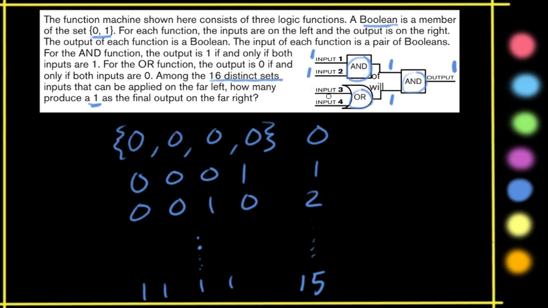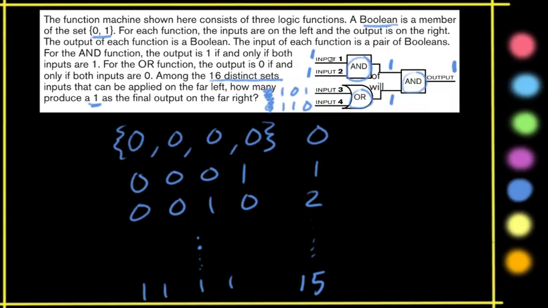So with input 3 and 4, you could have a 0 and a 1, or you could have a 1 and a 0, or you could have a 1 and a 1. Any of these 3 possibilities would give you a 1 on the output. If you had a 0 and a 0, that would give you a 0 on the output. So we're not counting that one. We're only counting these 3.